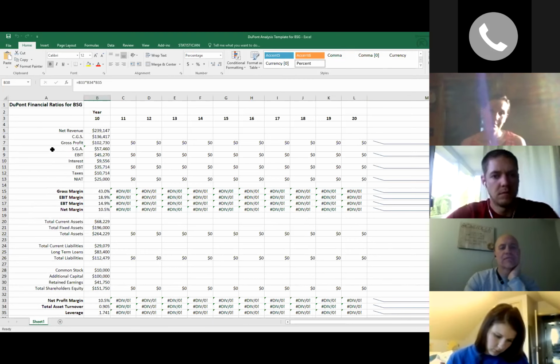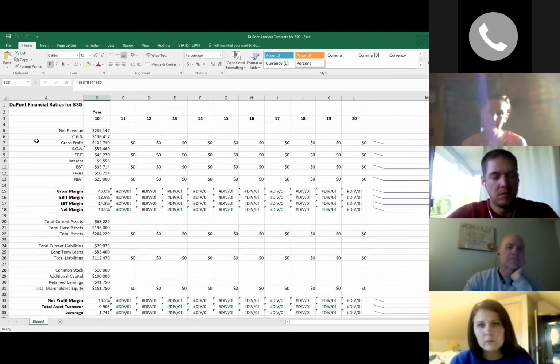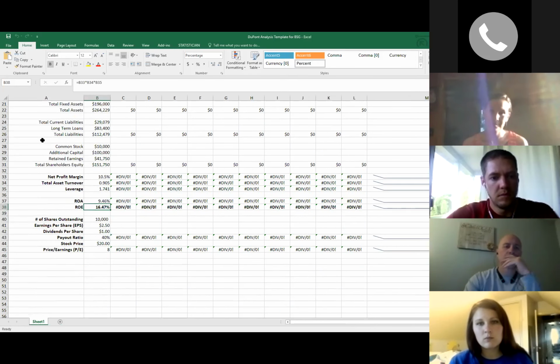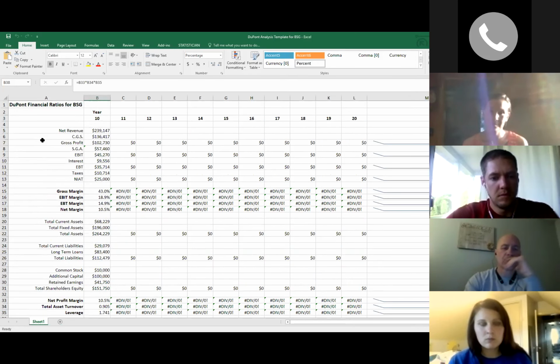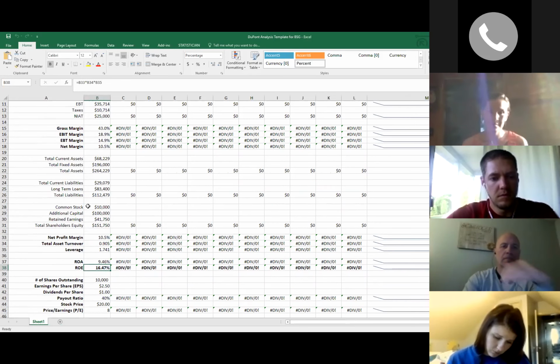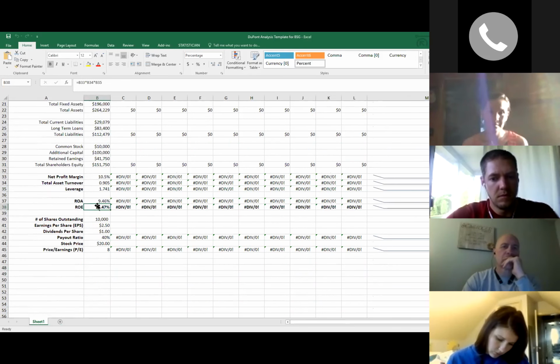Yeah. Okay. All right. So when it says BSG, that's the simulation we're going to be doing the second half of the class. So this is no longer Tesla. This is for the simulation. But it's one of the reasons why we want to get into the DuPont ratio analysis now, because it's going to be part of the perspective.